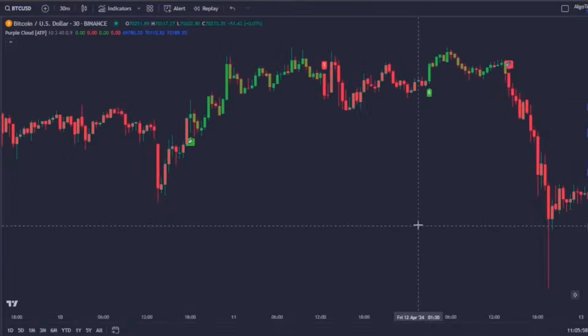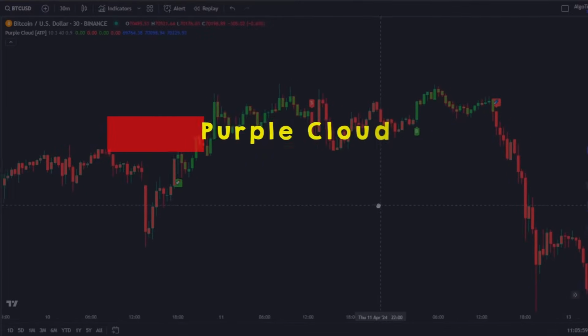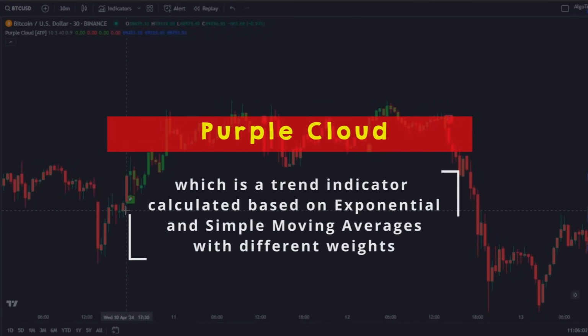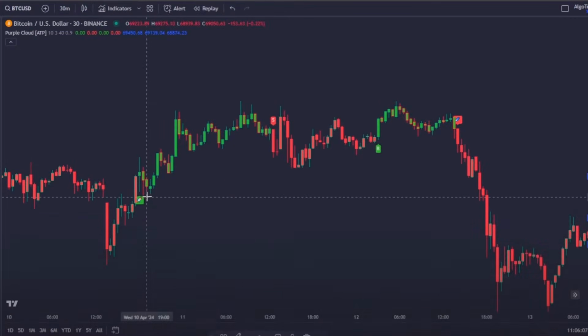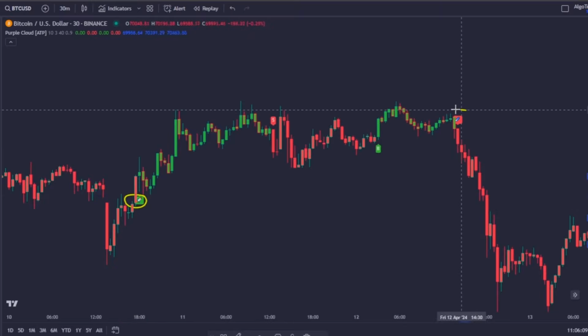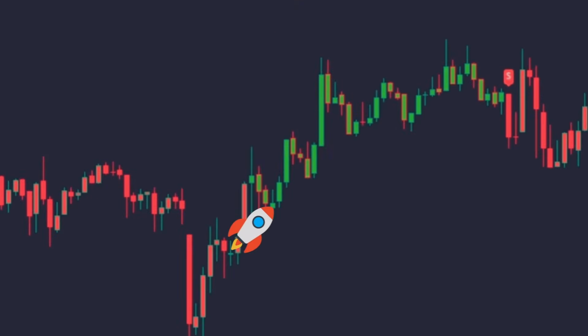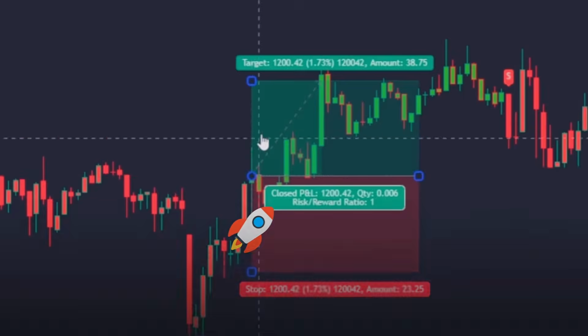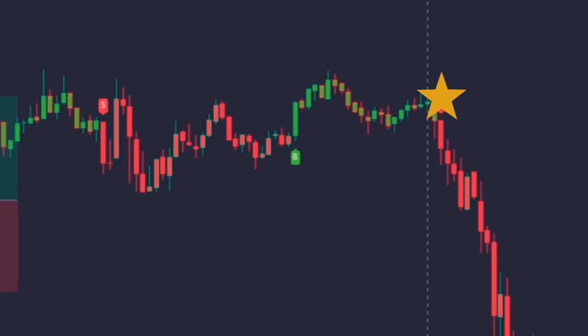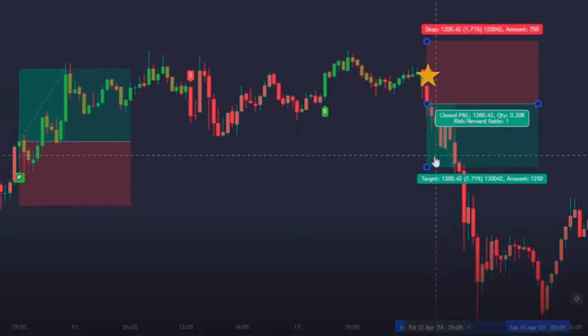As you can see, this indicator, which is a trend indicator calculated based on exponential and simple moving averages with different weights, is very simple to use because it prints the entry signals on your charts. When this rocket appears, it means it is time to enter in a long position, and when this star appears, it means you can take a short position.